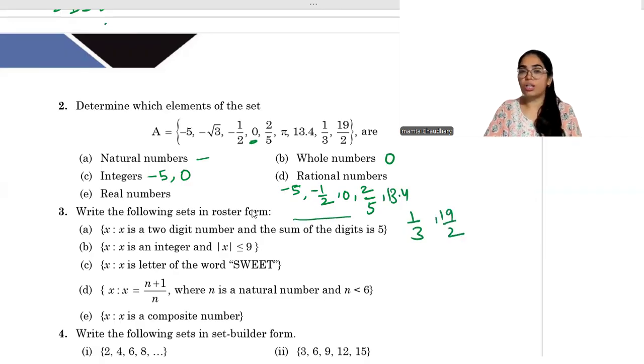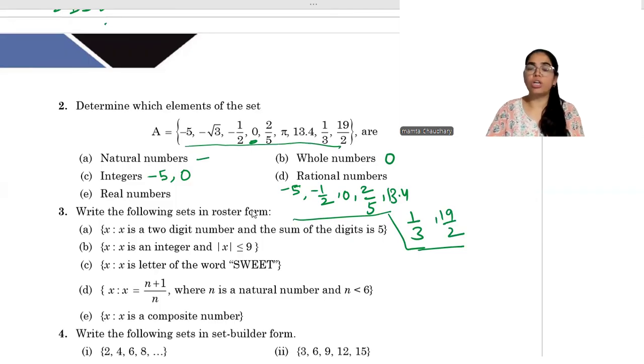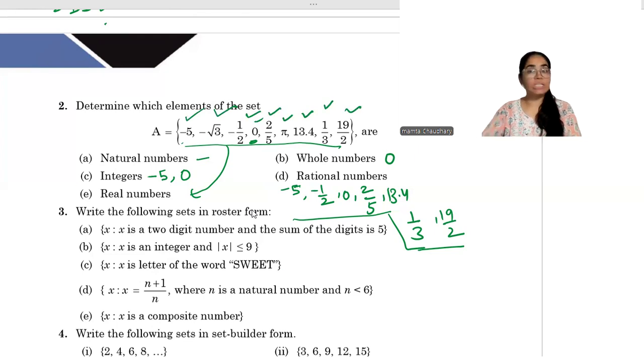So these are all rational numbers. Now, real numbers: all the numbers are real numbers, whether rational or irrational. So all these numbers will come here: minus 5, minus root 3, minus 1 by 2, 0, 2 by 5, pi, 13.4, 1 by 3, 19 by 2.